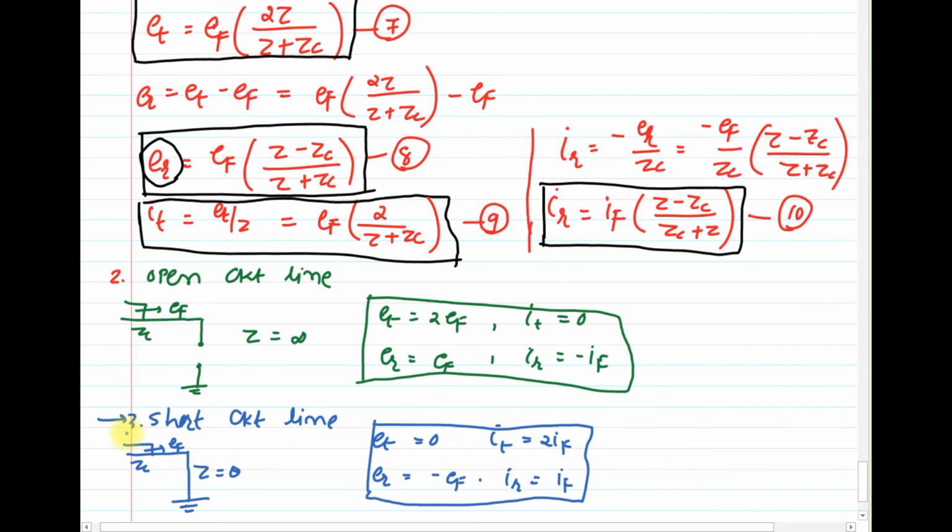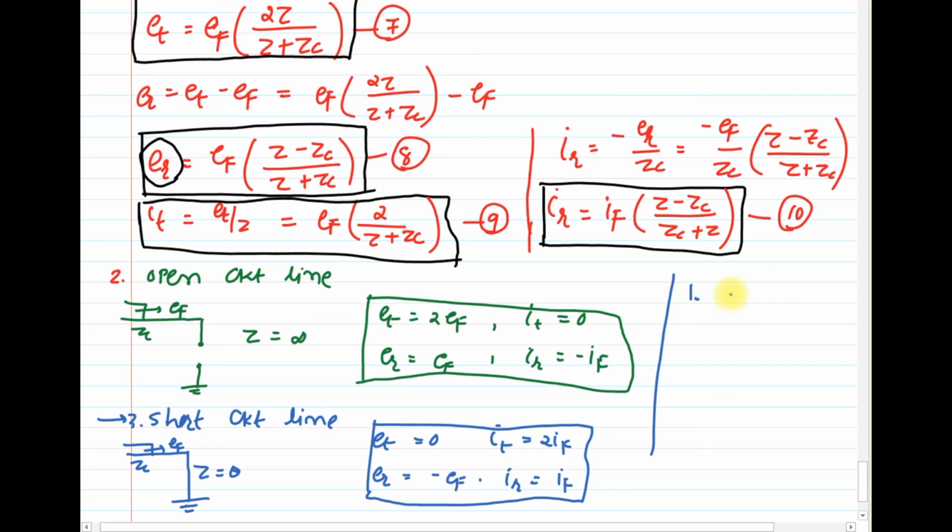Just verify all these values by yourself as homework. Clear? So the third case, when the line is short circuited, means the value of the impedance will become 0. And if we substitute Z equal to 0 in all these four equations, we will get the values of ET, IT, ER and IR as written over here. I hope you have cleared the typical cases of line termination. Let me repeat it again.